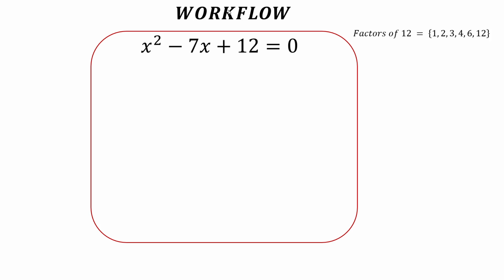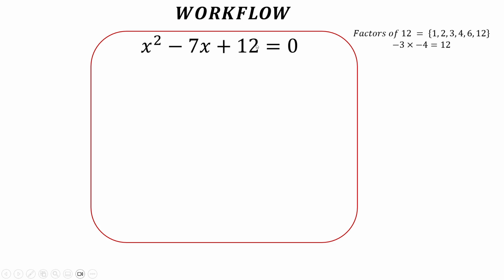Then move on to find the factors of 12, which I've already listed here. Then we proceed to find two numbers out of the factors which, when we add, we are supposed to get -7, and when we multiply, we're supposed to get +12.